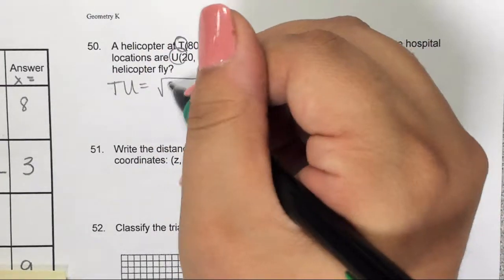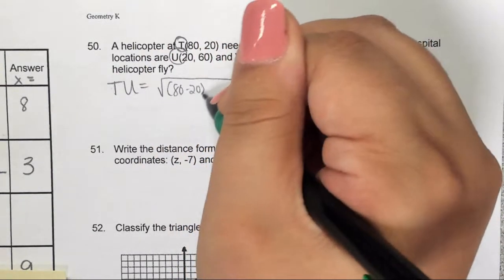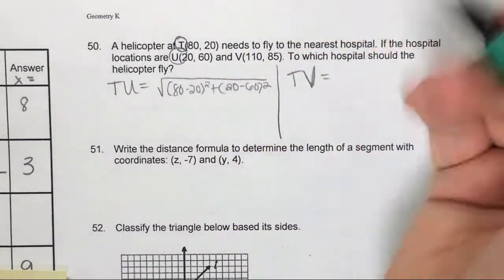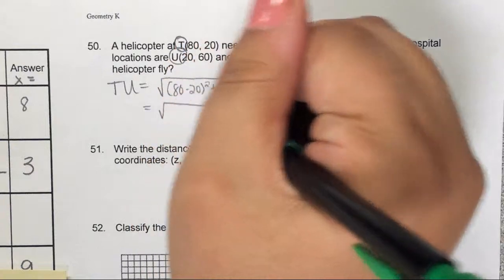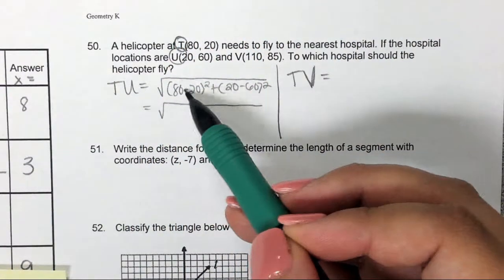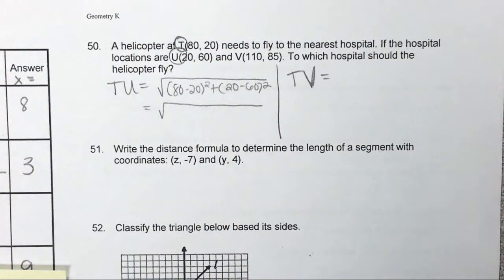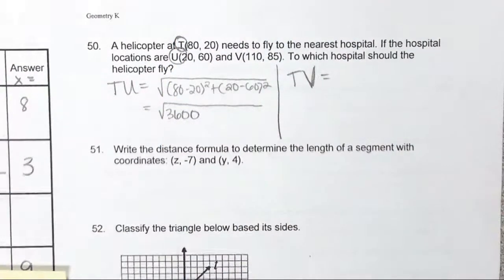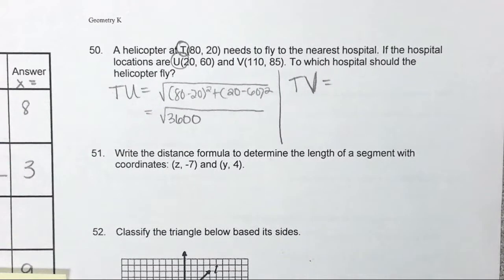So I'm going to do 80 minus 20 squared plus 20 minus 60 squared. What's 80 minus 20? And what's 60 squared? A really big number like that. And what's 20 minus 60?